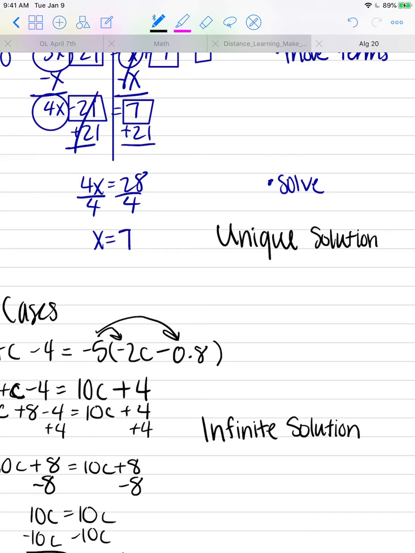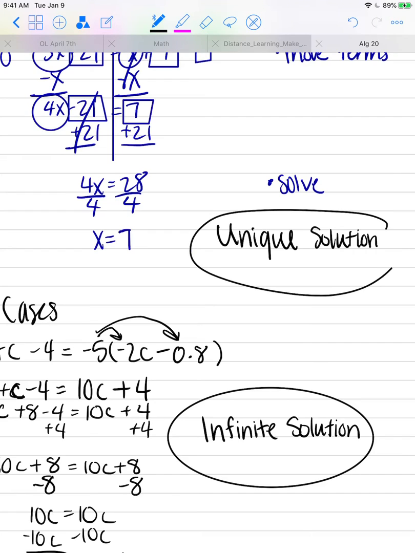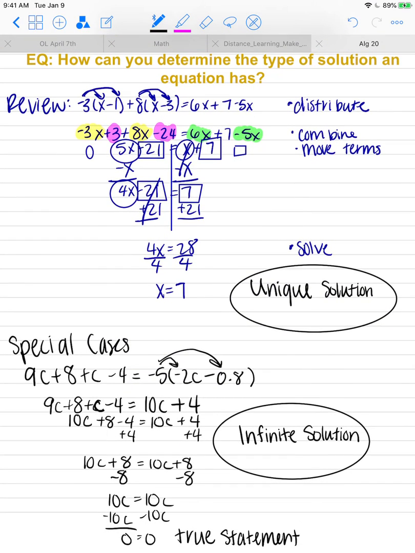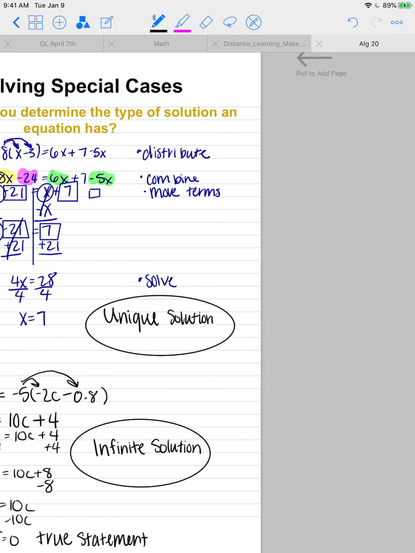Any value that we use for c in this special case or in this equation is going to come out to a true statement. So we know that any value is a solution, meaning that there is an infinite amount of solutions. So we've talked about unique solutions and we've talked about infinite solutions, but we have one more case to look at.